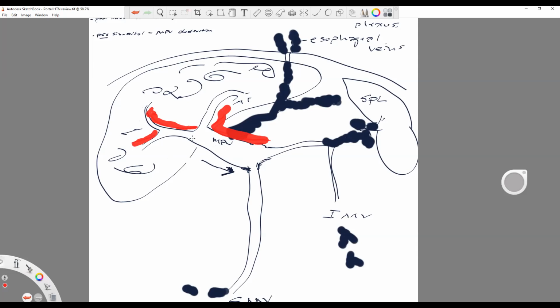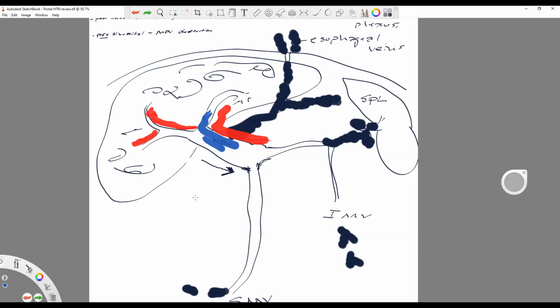And then that blood is, of course, now going to be backwards, down the main portal vein. And at some point, it's going to find some kind of collateral flow to the central venous system. When I say central venous system, I mean the IVC, and all things going back directly to the heart.